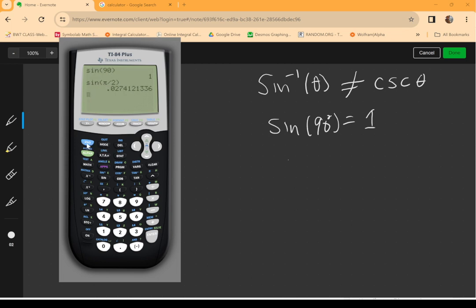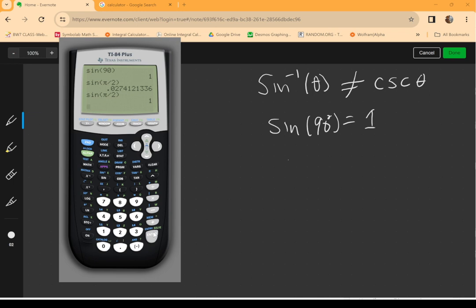I'm going to hit second, and then down here at enter is entry, and that just brings the previous quantity you inputted back up. Now when I hit enter, we see 1, as needed.